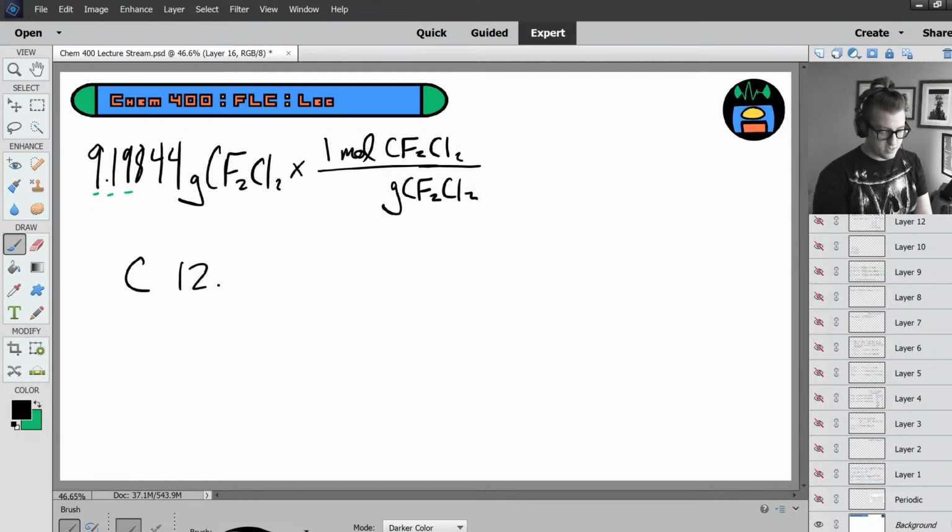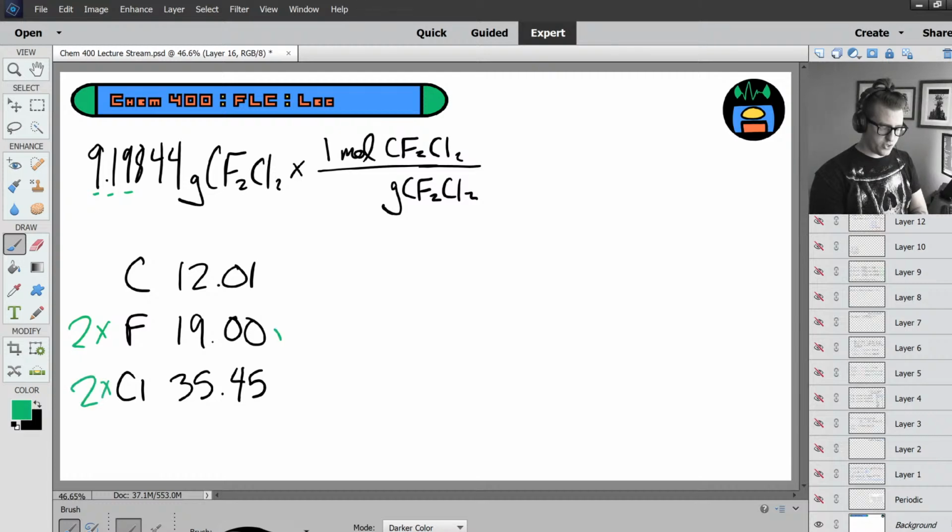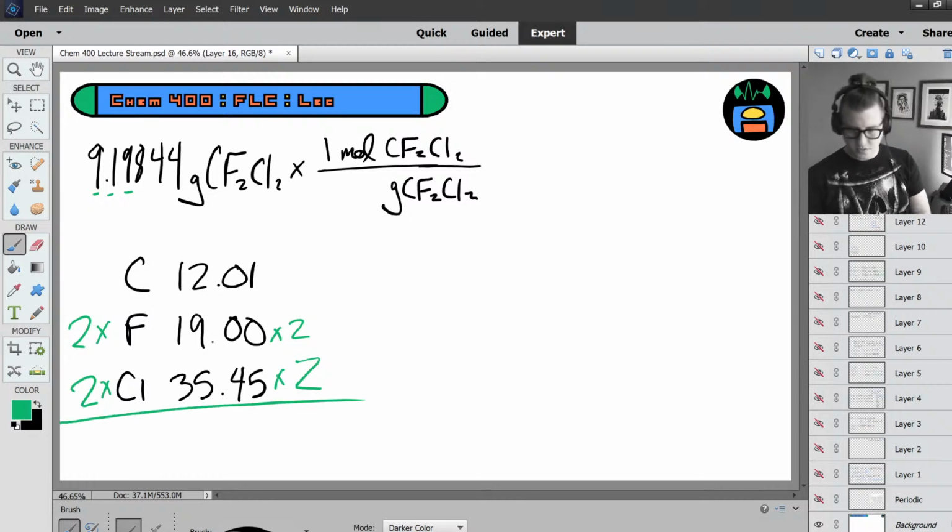Carbon has an atomic mass of 12.01, fluorine 19.00, chlorine 35.45, but we have 2 of each, fluorine and chlorine, so we got to remember to multiply those.